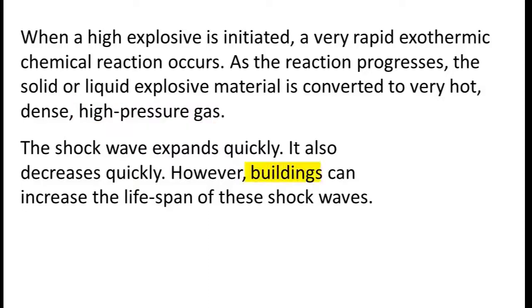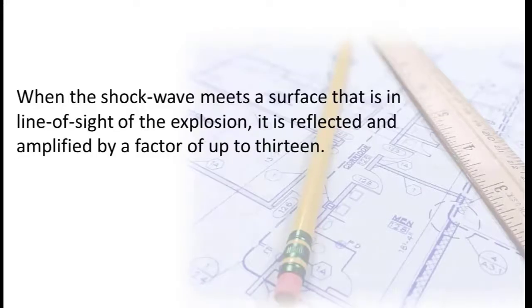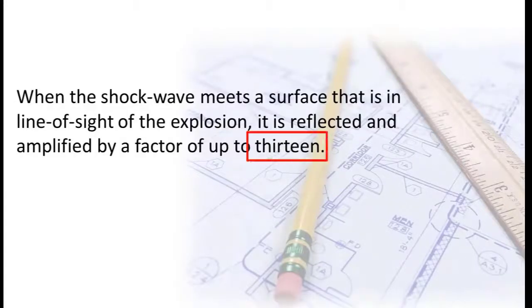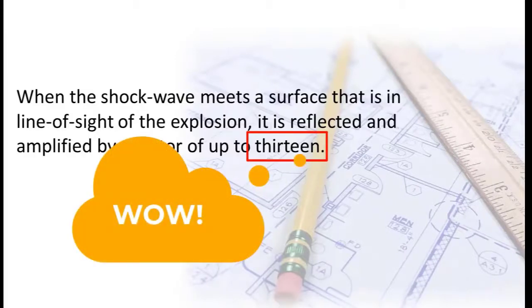However, buildings can increase the lifespan of these shock waves. So, for example, when the shock wave meets a surface that is in line of sight of the explosion, it is reflected and amplified by a factor of up to 13. So as you can see, the presence of buildings and other man-made structures can have a significant impact on how explosions behave.